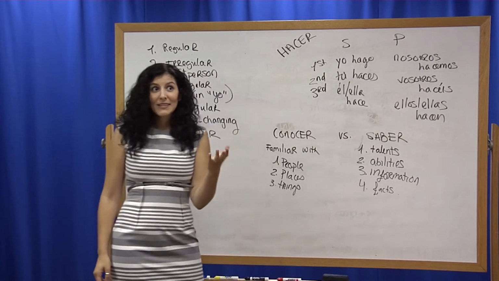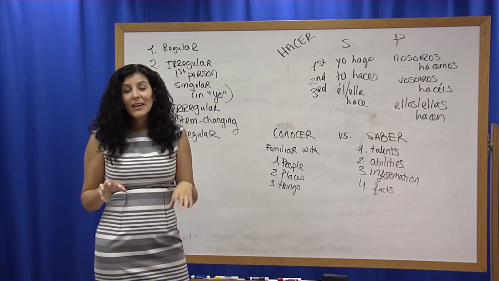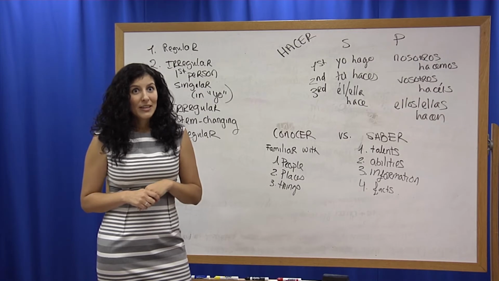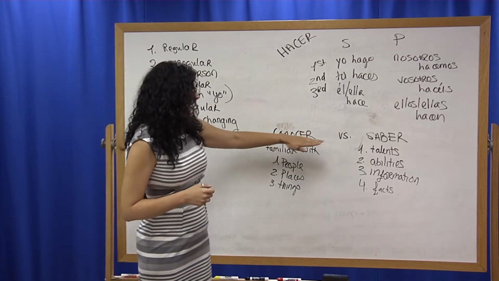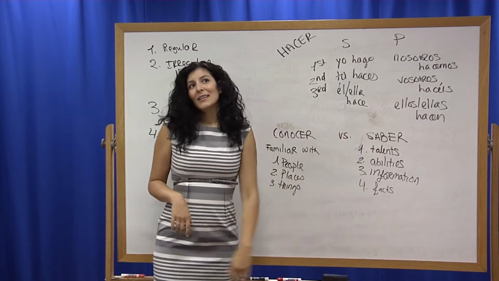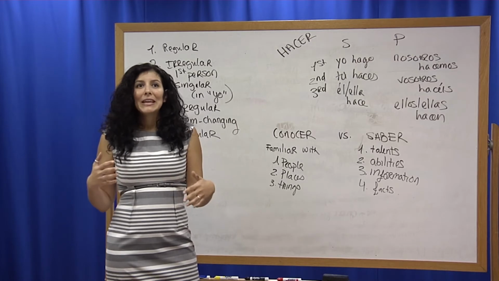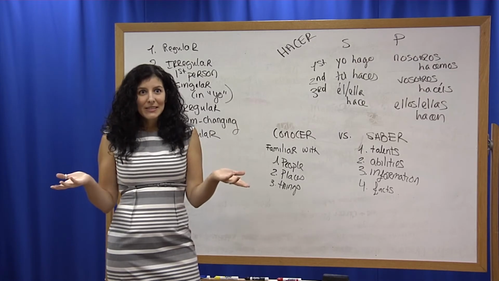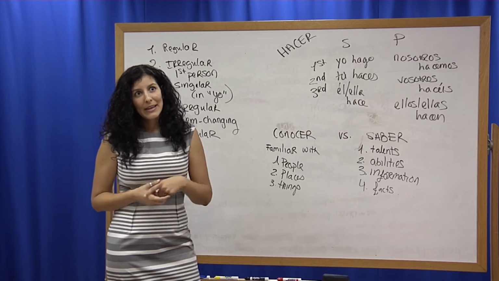Now, you can find this in your book on page 98, and there you will find a list of irregular first person singular verbs. Among them, you will find conocer and saber. Do you remember when we talked about the formal and the informal, and then we learned some instances where in Spanish there are two things where there's only one in English?